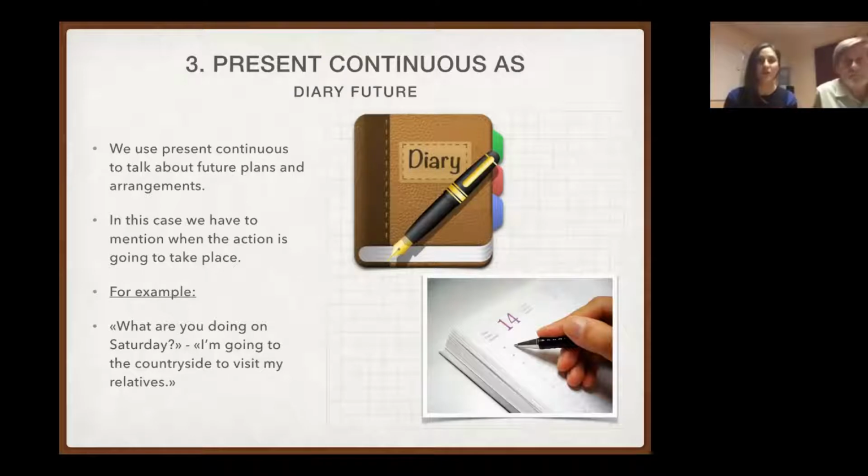So we use present continuous to talk about future plans and arrangements. In this case, we have to mention when the action is going to take place. We mention exactly when the appointment is going to happen, or when we are going to do this or that activity.